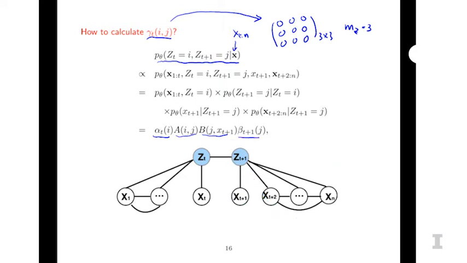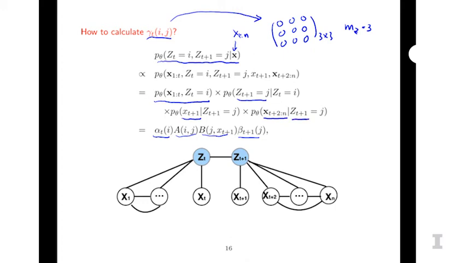The product of the 4 terms comes from the chain rule, and you can go back to check. We start with the marginal of x1 to t and zt, and zt plus 1 given all the previous, but it will only depend on zt. And xt plus 1 given all the previous, but it will only depend on zt plus 1. And then the remaining t plus 2 to n given all the previous will only depend on zt plus 1.